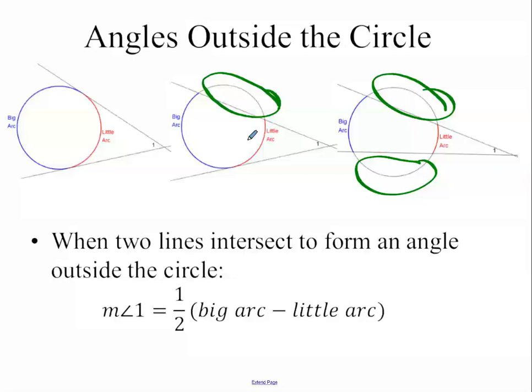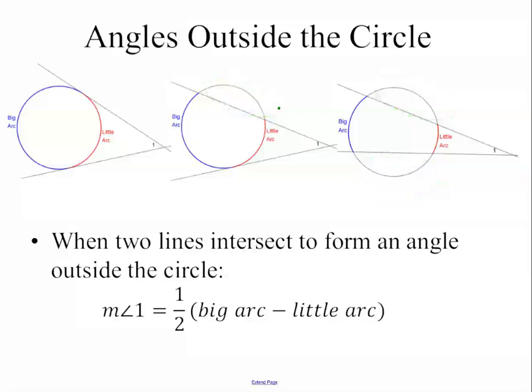So they don't directly affect how big that angle is. Notice how in all 3 examples it is specifically looking at just the 2 arcs that are on the inner part of the angle. I just want to emphasize that. All right, so now we're going to look at a couple of different types of examples of these 3 cases.